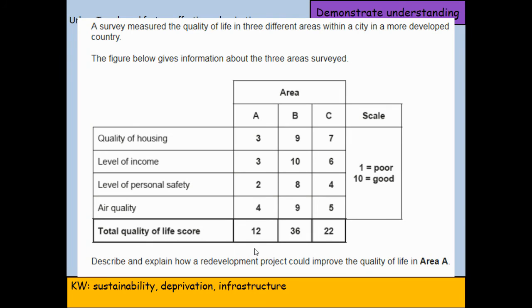Maybe transport links aren't very good. Maybe there's no buses or trains there, so they might need to think about that. Personal safety, maybe you might want to put up some security cameras or have police nearby. Air quality, you might want to put up some green areas, some urban greening on the ceiling of somewhere to create cleaner air so the pollution isn't very bad.